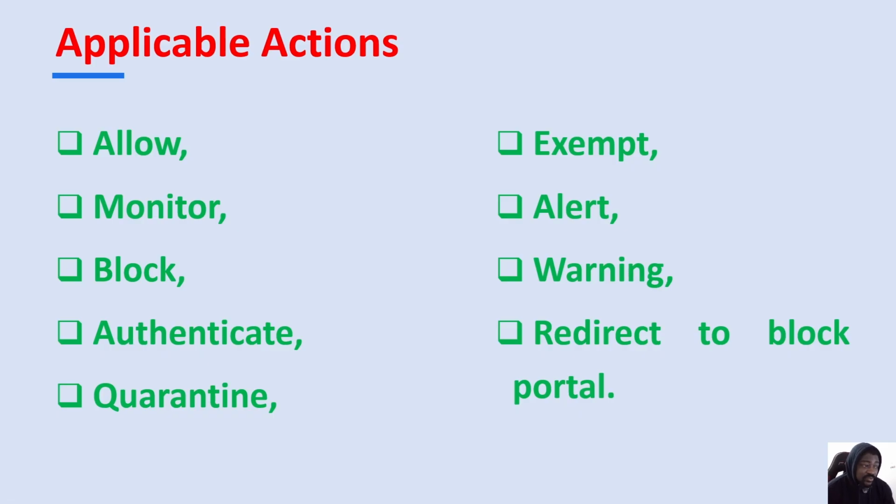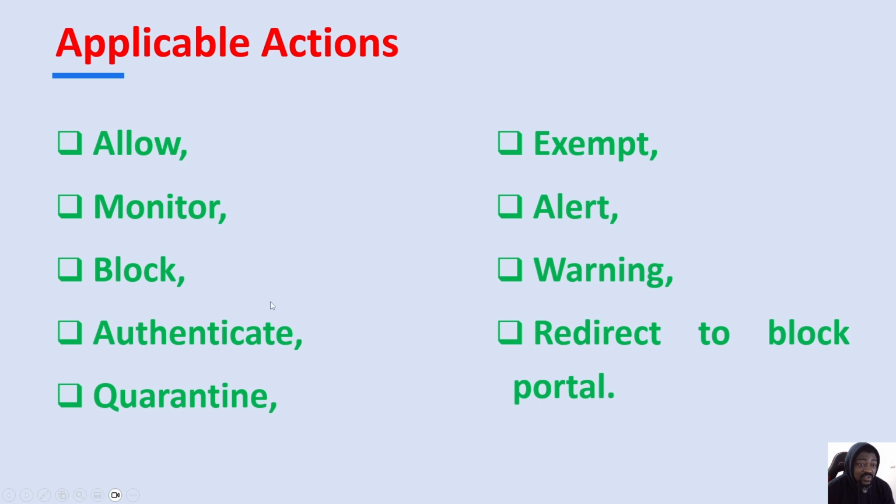As we said, the security profiles are there to provide a granular inspection of your network. Each time there is a match on a specific traffic that you are monitoring, you can apply one of the following actions. Remember, these actions are not available for each type of security profile.